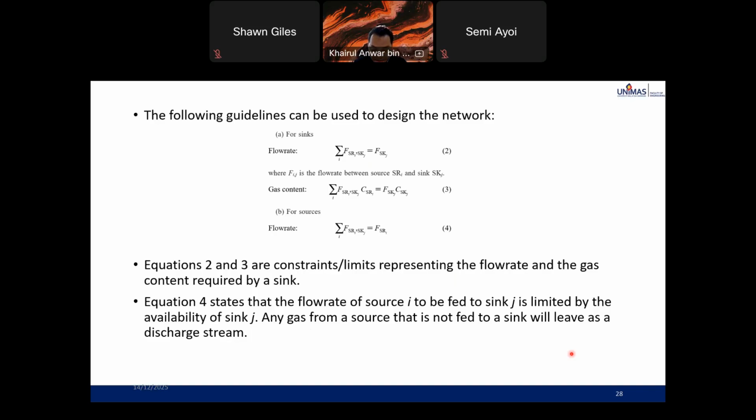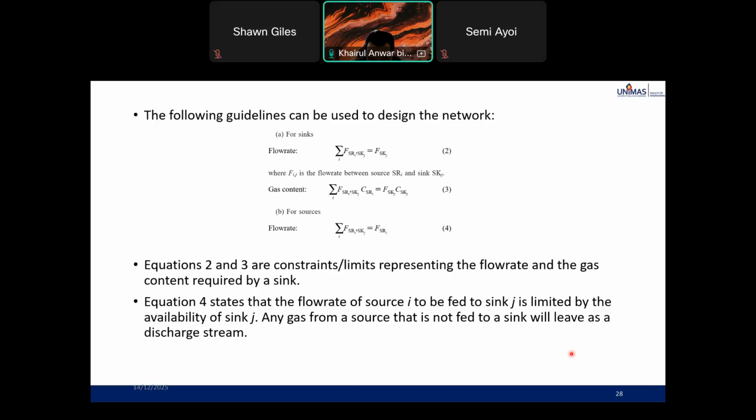is limited by the ability of the sink to accept gas. Any gas from a source that is not fed to a sink will move out as a discharge stream. The gas networks for examples 1 and 2, designed using the above formulation, are shown in figures 4 and 5 respectively.